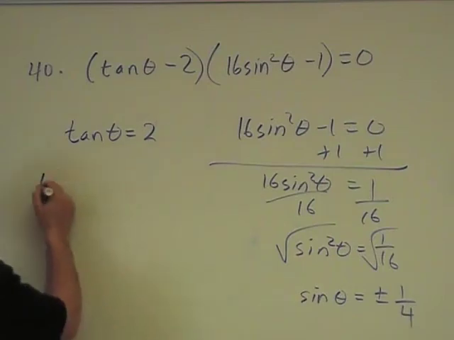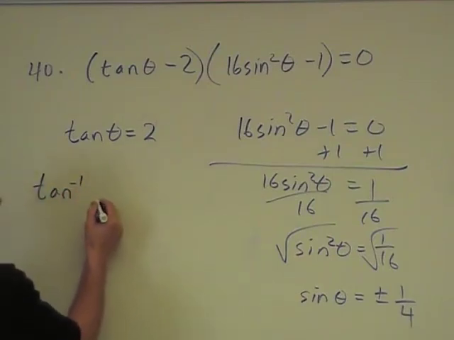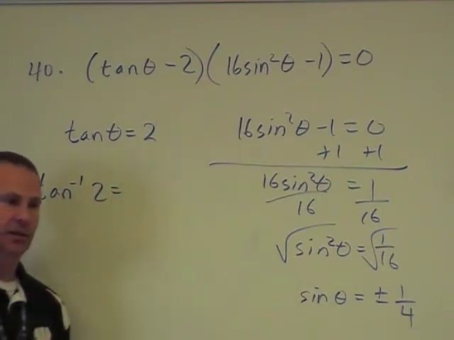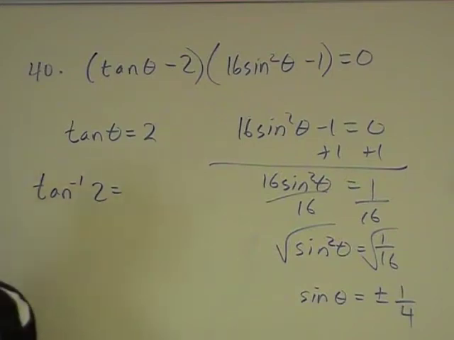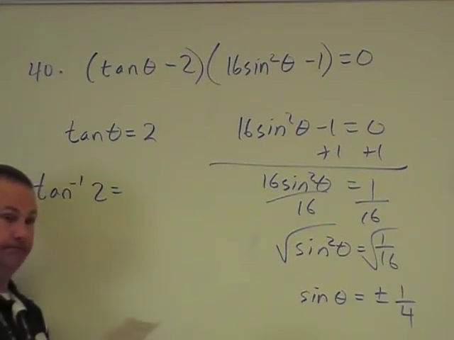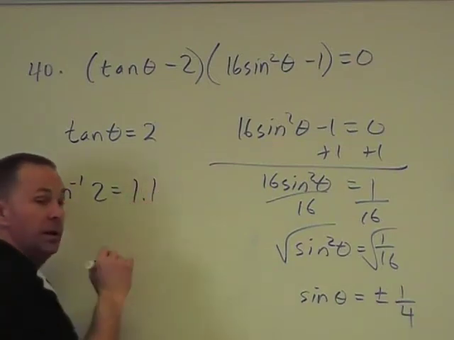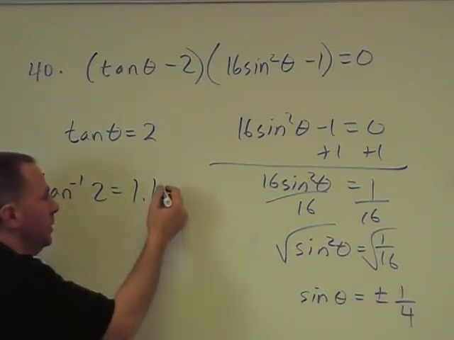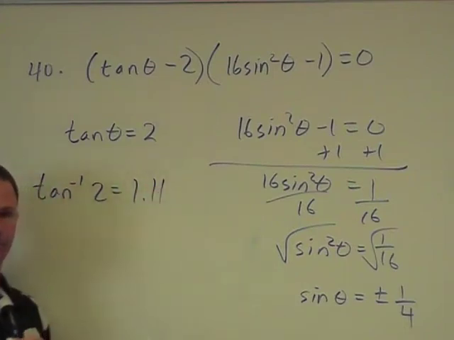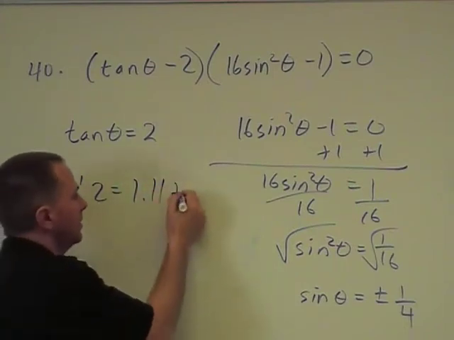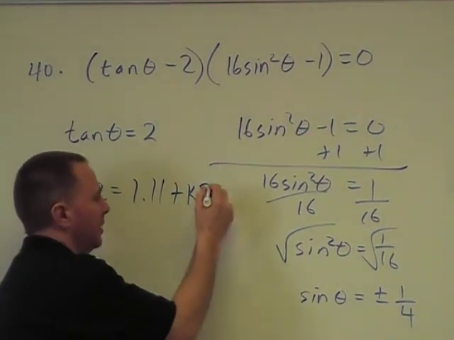All right, so the arc tangent of 2 is what on your calculator? What's the arc tangent of 2? 1.1, okay, so 1.11. Good enough. Plus k pi.